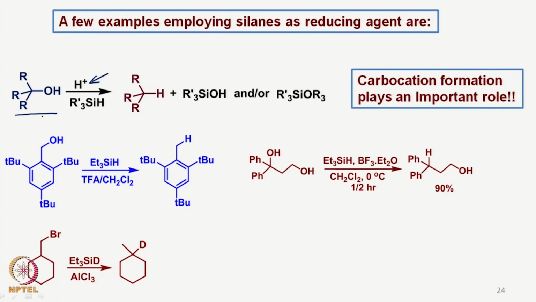And as you can see here, if we take a tertiary alcohol, the hydride is transferred from the silane to the carbocation, which is going to form here like this, and to this the hydrogen from the silane, say for example R3'SiH, is transferred, and the product is formed.